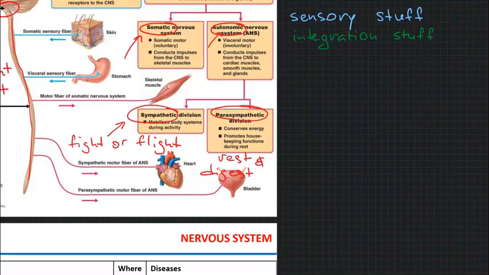That's the green stuff, integration. You make a decision. Am I going to write things down? Maybe I'm going to type it down. Okay? And then you produce a response, which is writing, typing, or you say, screw you, I'm not going to do anything. So the response, we're going to put it in red color. So, motor stuff.